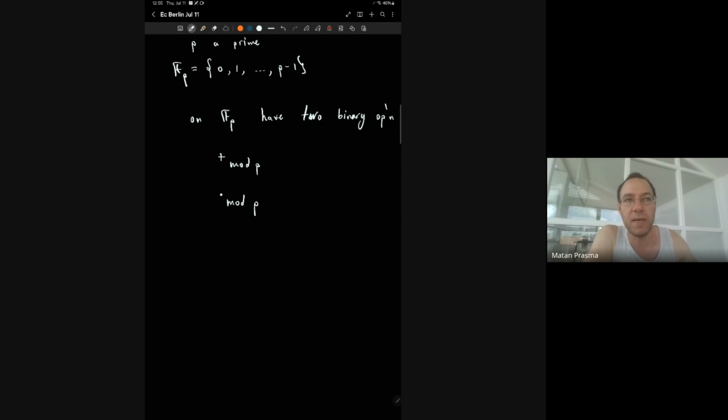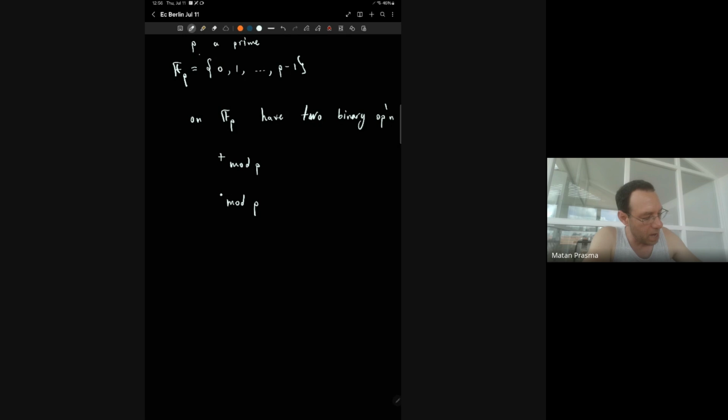I do addition or multiplication of the clock hours, and I remove the maximum amount of multiples of 12 from the result, and I remain with some number between 1 and 12, where 12 is not included. But you can do this for any positive integer. Modulo 2 would be I take the numbers 0, 1, and I can do addition and multiplication. Modulo 2, I get the usual binary representation.